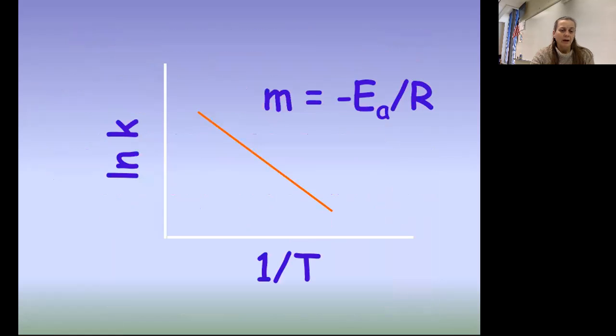So here's our graph showing that the natural log of k is directly proportional to 1 over T, and the slope of this line, the m, is equal to the negative of the activation energy divided by R, where R is the gas constant, 8.314 joules.